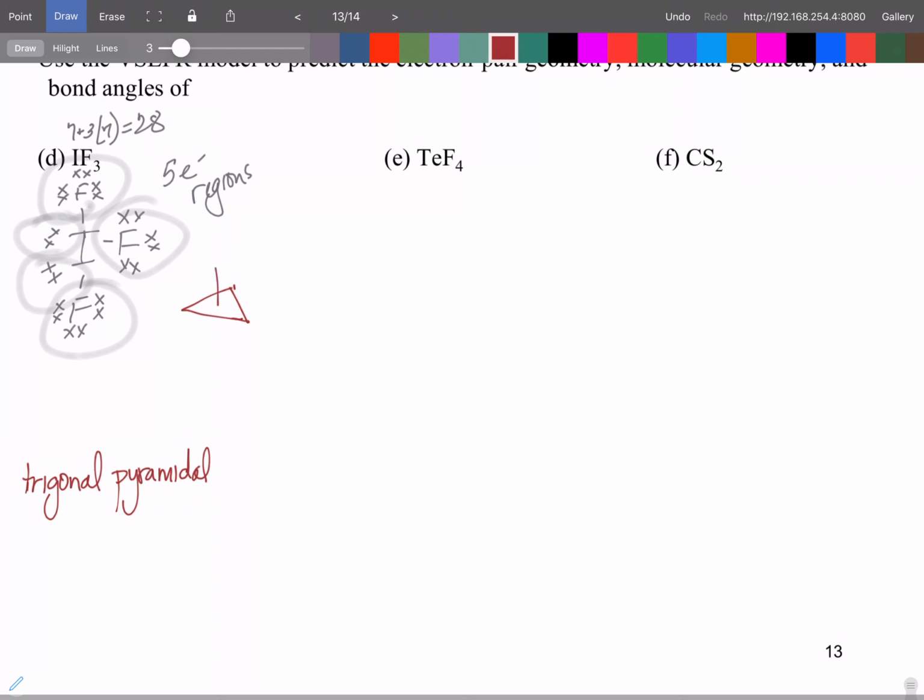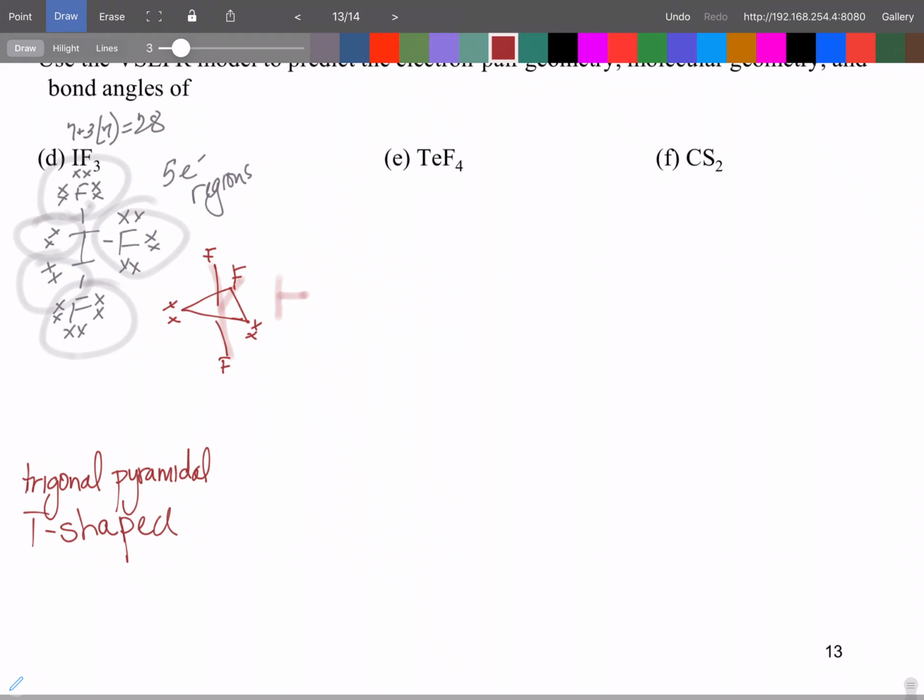So we have the triangle with the up and down. Now remember, when we have lone pairs, they've got to go in the equatorial position. The fluorine is going to go here, here, and here. So if we look at it, the only thing we're really going to see is that right there, which is in 3D, so it's going to appear like that, which means this molecule is T-shaped.